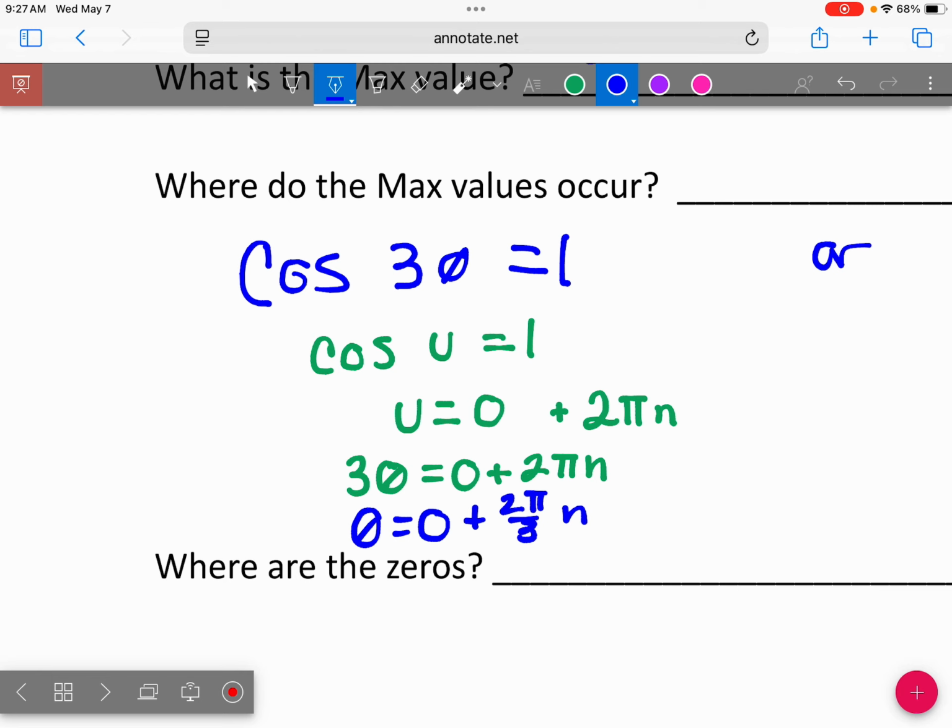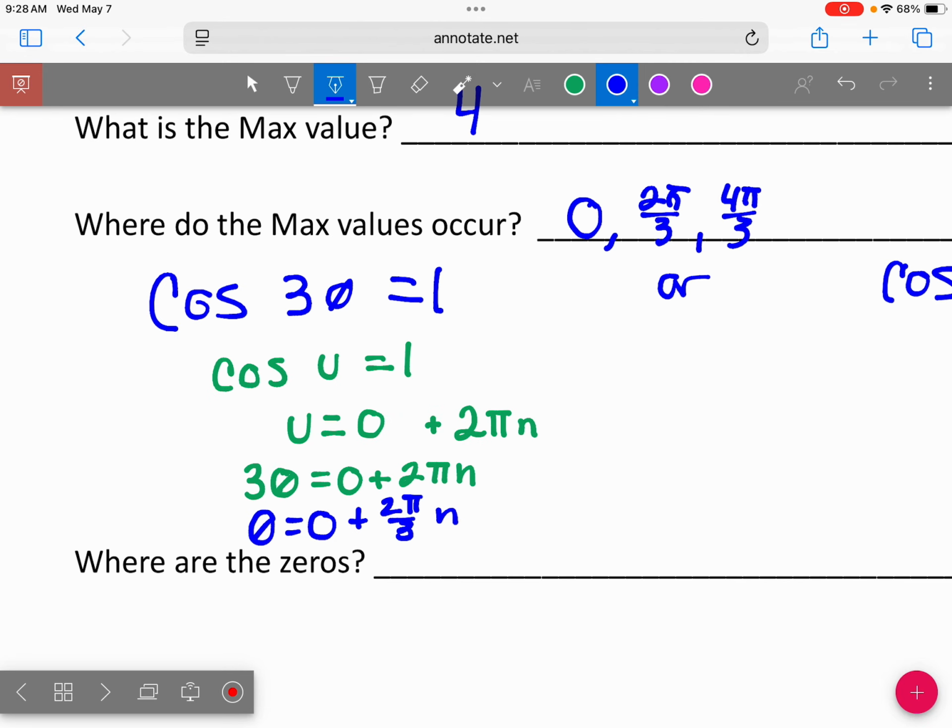So every place we're going to have a maximum here is going to be when it's 0, or 0 plus 2 pi over 3, so 2 pi over 3, or plus another 2 pi over 3, so 4 pi over 3. And it would continue on and on. If I do another one, we'll get another 2 pi over 3, so that's 6 pi over 3, or 2 pi.